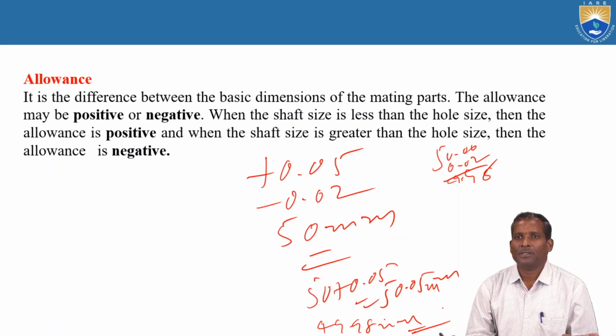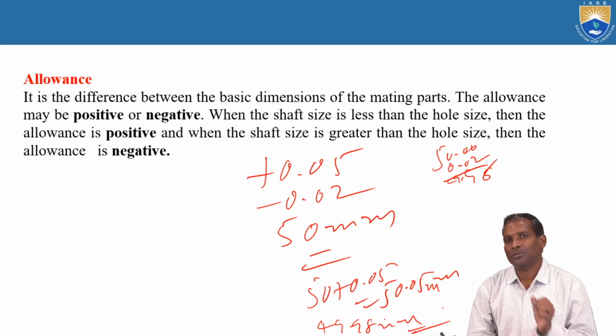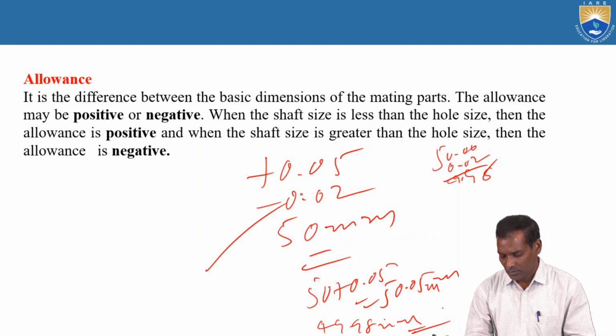So when the shaft size is less than the hole size, then the allowance is positive. When the shaft size is greater than the hole size, then the allowance is negative. So remember this type of allowance.